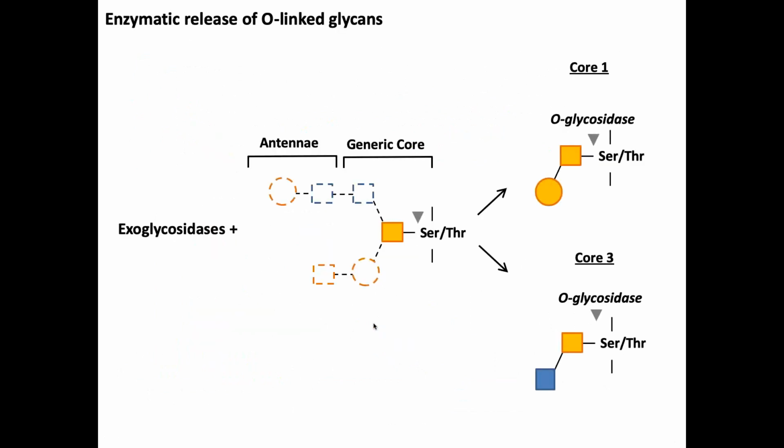There are enzymes that you can use to release them. There just isn't one that cleaves off all of them ubiquitously like with the N-linked, which has that conserved core. So you have to whittle away at things. You have to say, if I use this enzyme, and these had this particular core, I should see this loss or change versus the set where I didn't use it, or used a different type of enzyme.